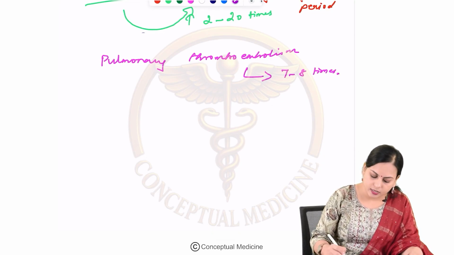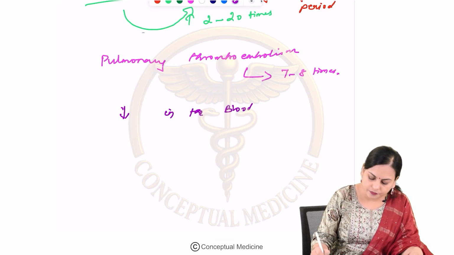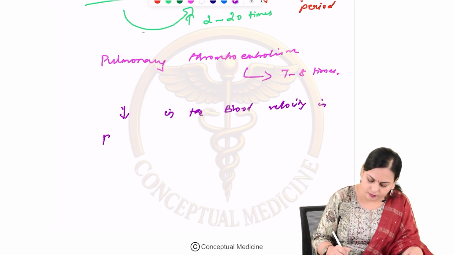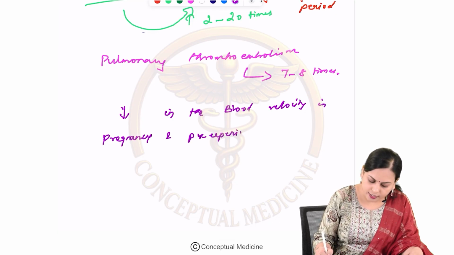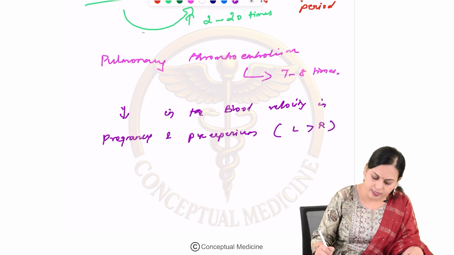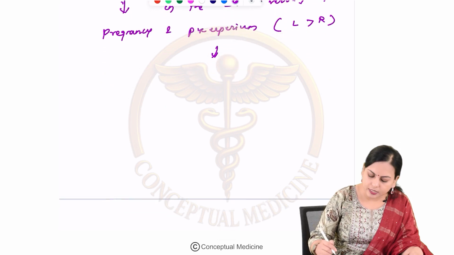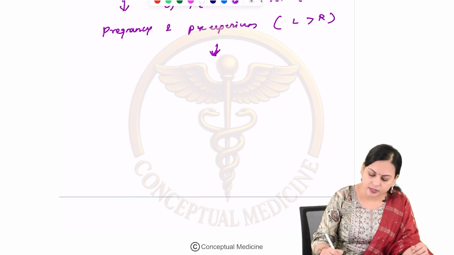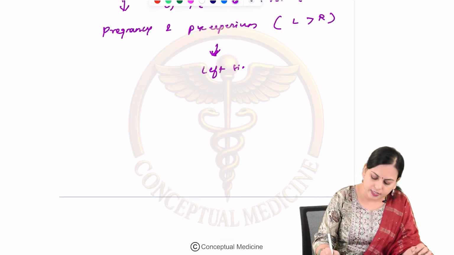Okay. And because there is a reduction in the blood flow velocity in pregnancy and puerperium, especially in the left side more than the right side, the DVT most commonly occurs in the left side.